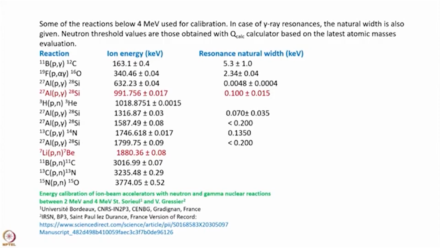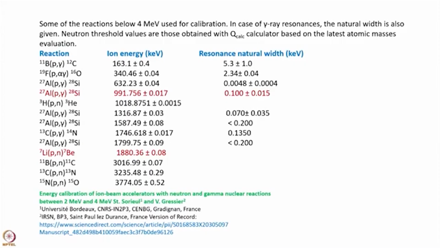Another reaction which is very widely used for determination of energy, via calibration of magnetic field and hence K value, is protons falling on lithium 7 emitting neutrons, that is the neutron threshold experiment at 1.88 MeV.